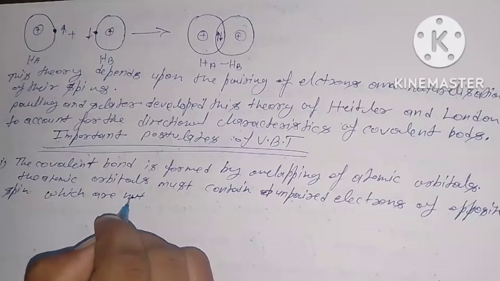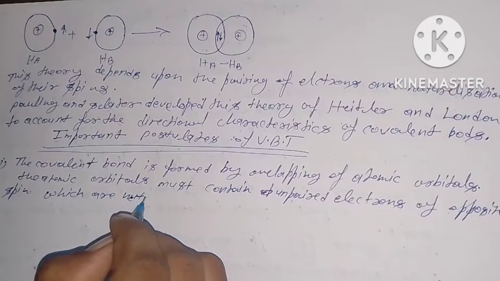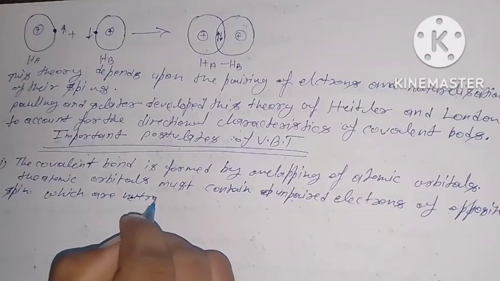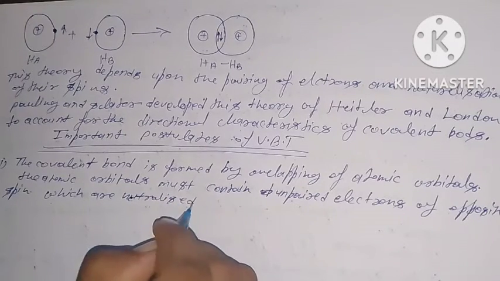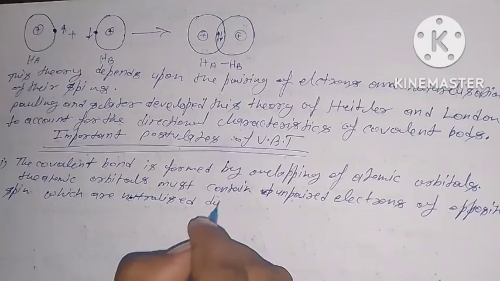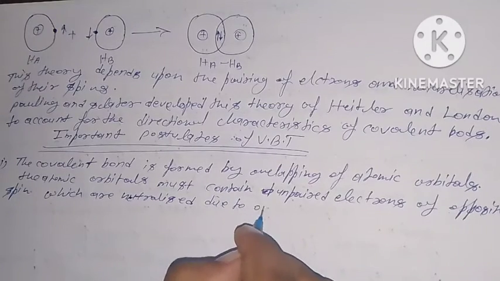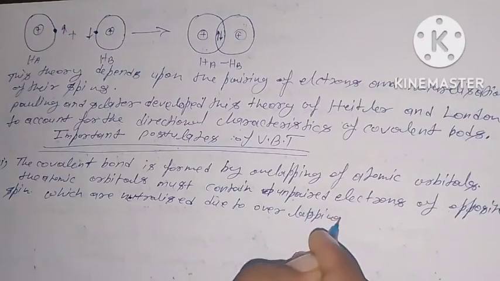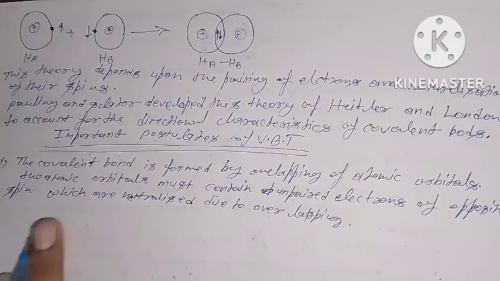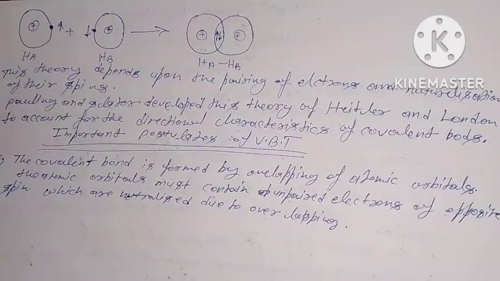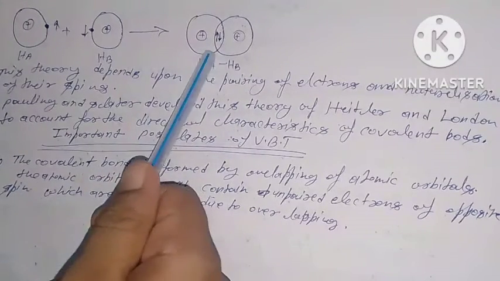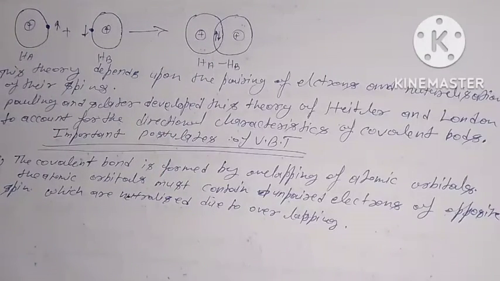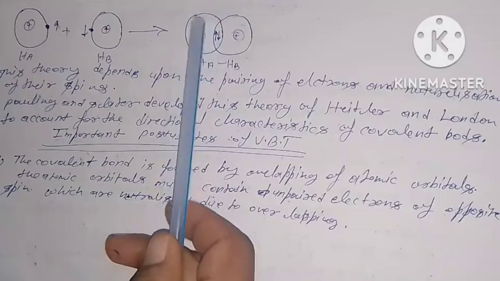As an example, the covalent bond is formed by overlapping of atomic orbitals.